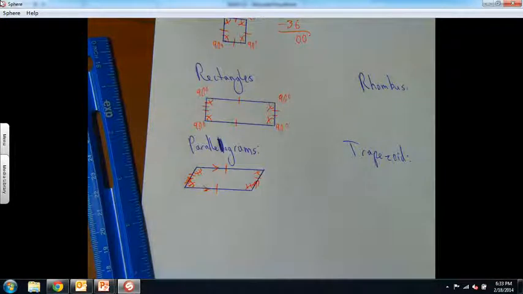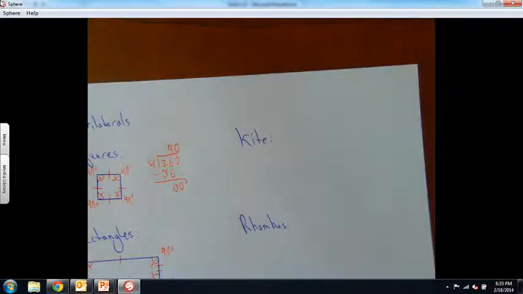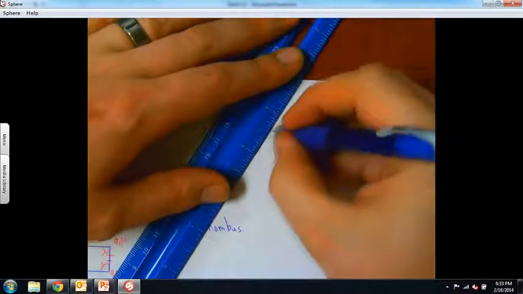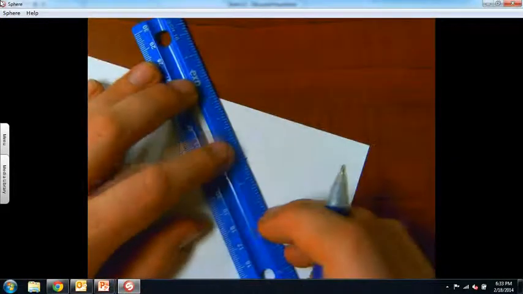double arrow. Now, a little less known is a kite. However, it looks just like a kite you might imagine that's flying up in the sky. Looks like a diamond that has an oblong side.